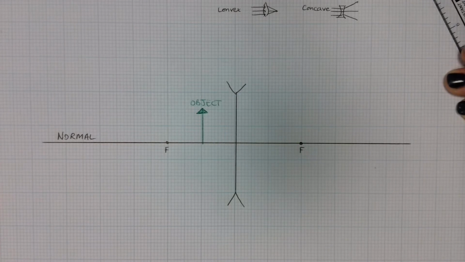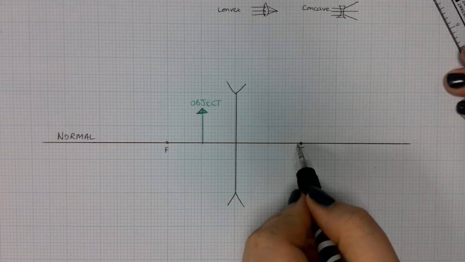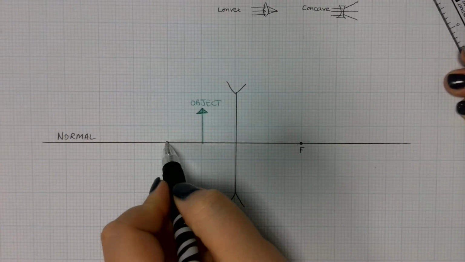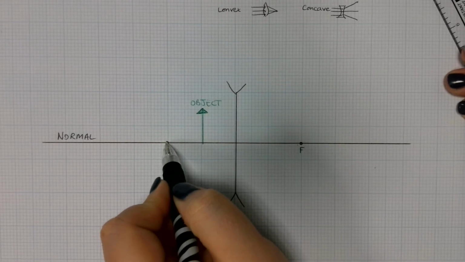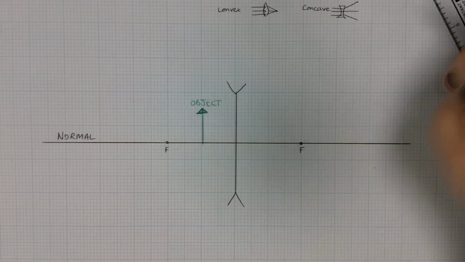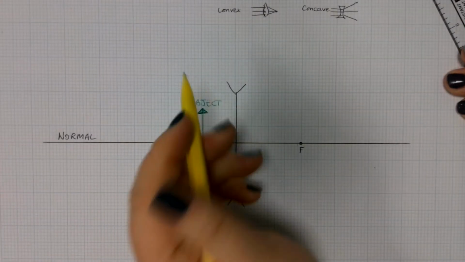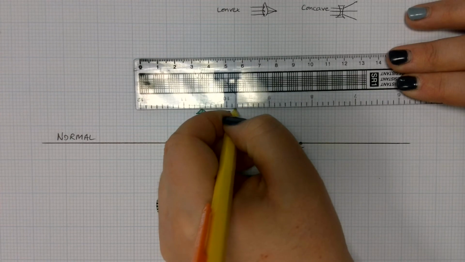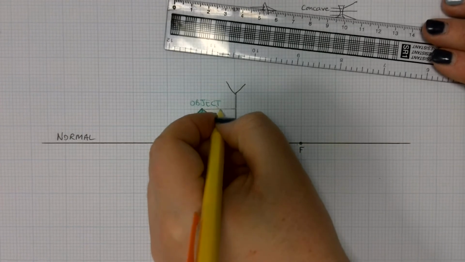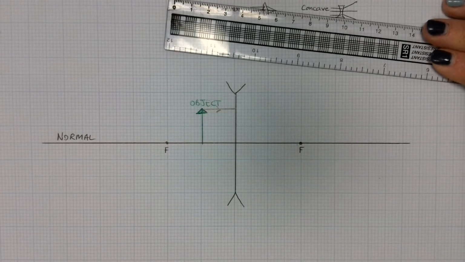So, rather than using the focal point on the opposite side of the object, we're actually going to use the focal point on the other side, on the same side as the object. Okay, so what was the first thing we did? First thing we did was parallel line. This is a concave lens.